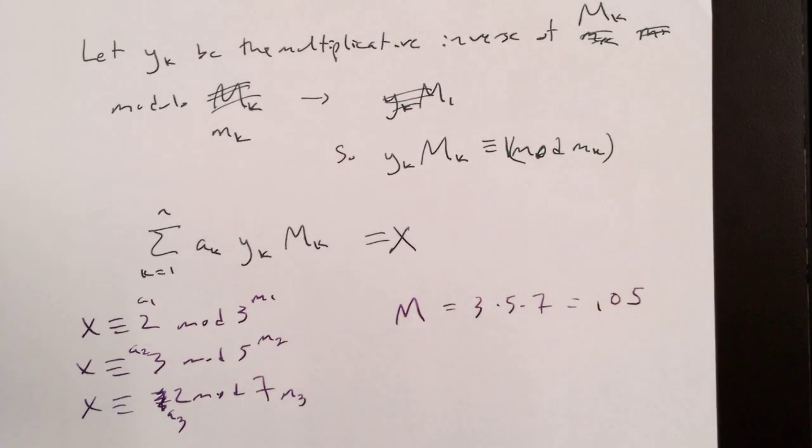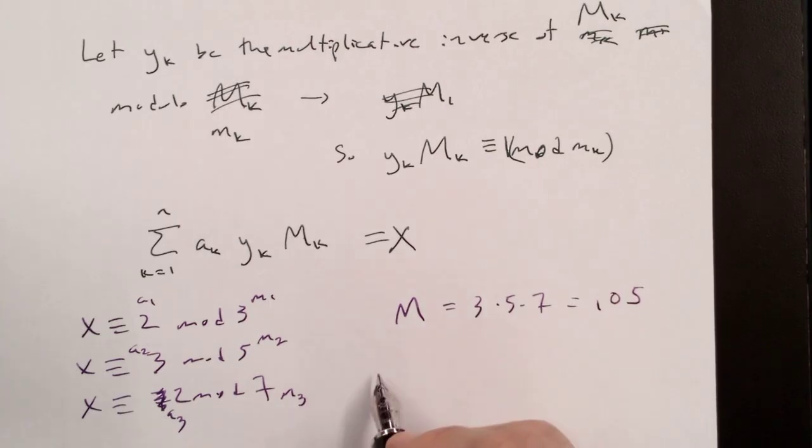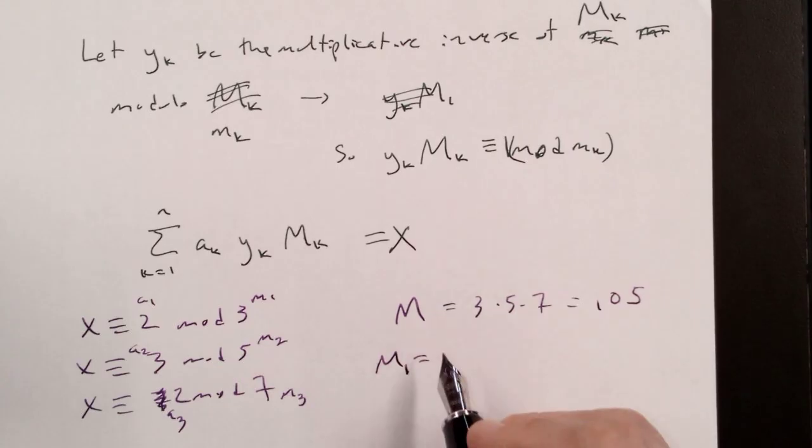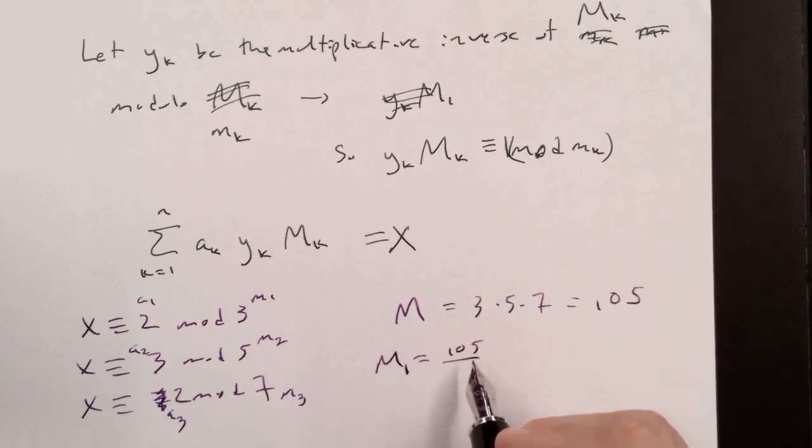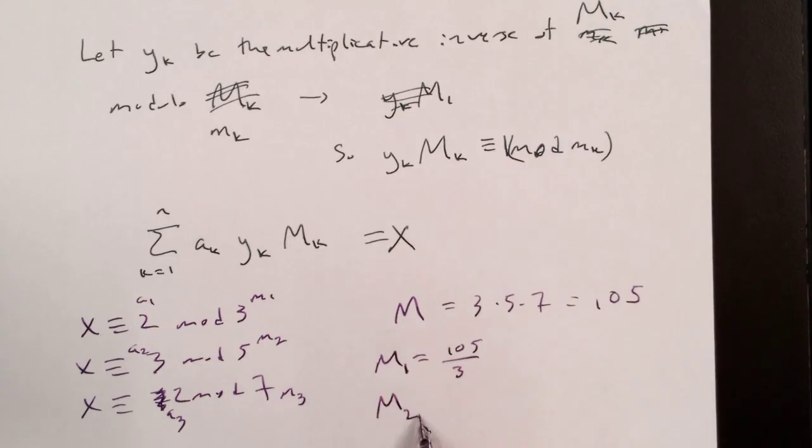Now, capital M1 is 105 divided by 3. Capital M2 is 105 divided by 5. And capital M3 is 105 divided by 7.